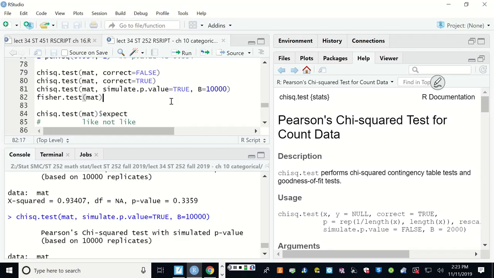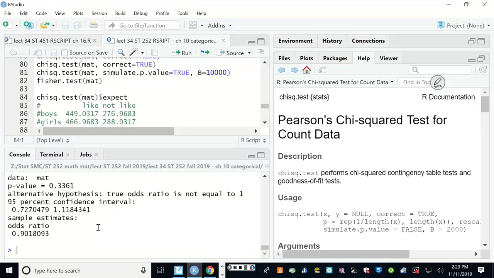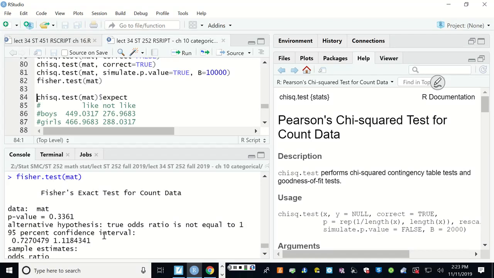So of all the possible tables you can get, how unusual is the one you actually got? So it actually calculates probabilities. It's so-called Fisher's exact test, and it gives a p-value too, very much similar to the simulation one. So basically everything's consistent in this case. These things look reasonably close to independent.